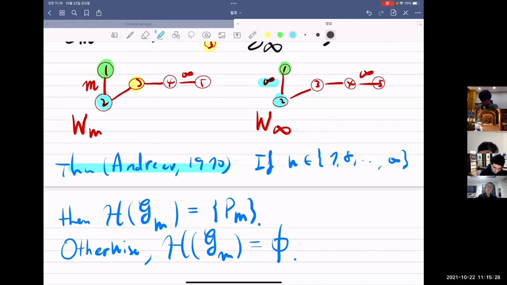Okay. So there is no such hyperbolic Coxeter polytope.